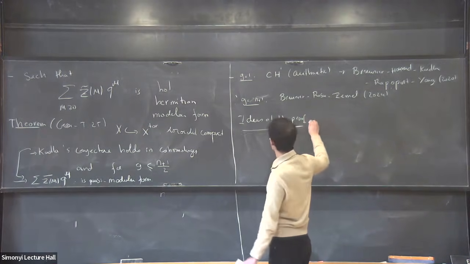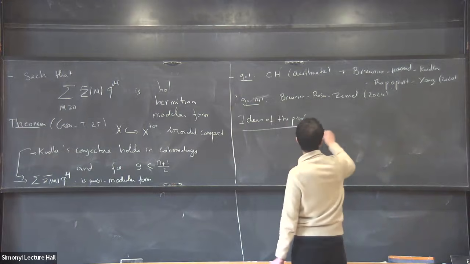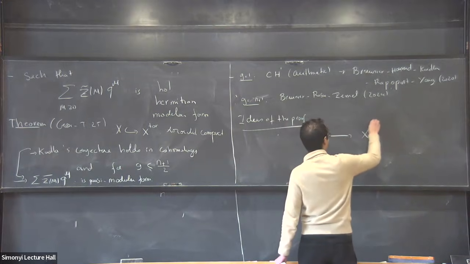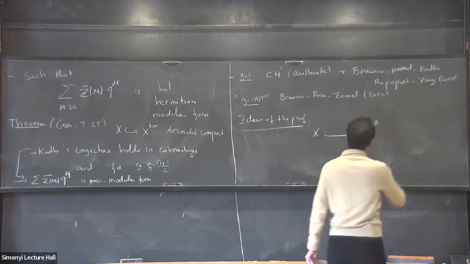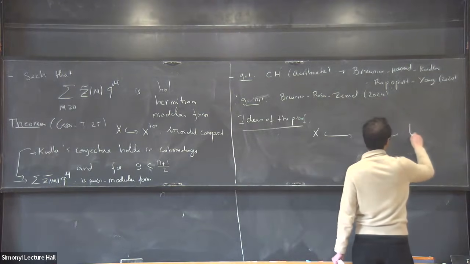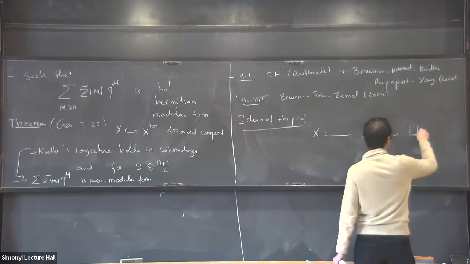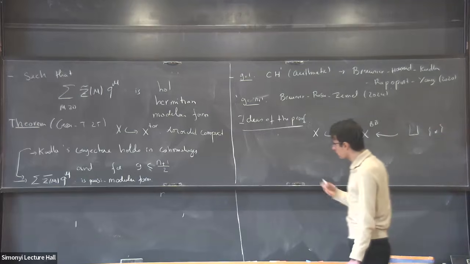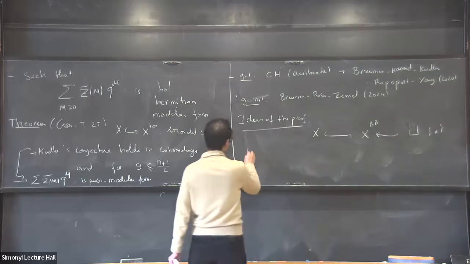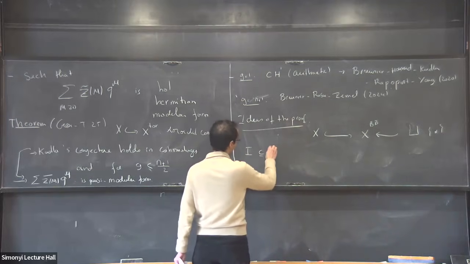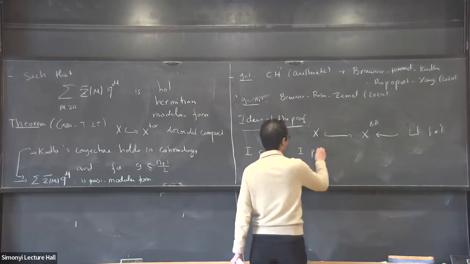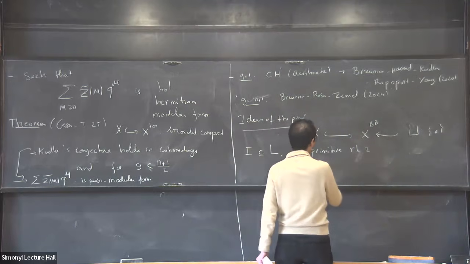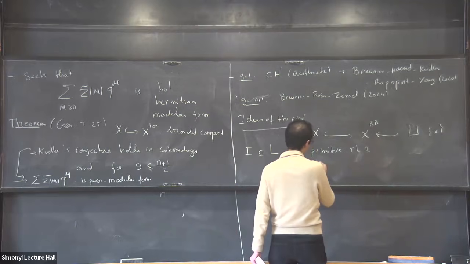First, the natural compactification of this Shimura variety is the Baily-Borel. The Baily-Borel is in fact just a finite disjoint union of points that are parametrized by rank 1 sub OK modules I of L, primitive, rank 1 and isotropic.